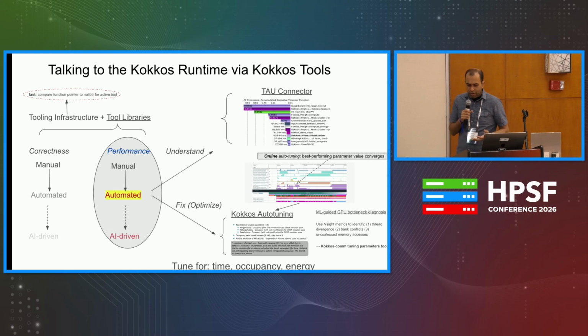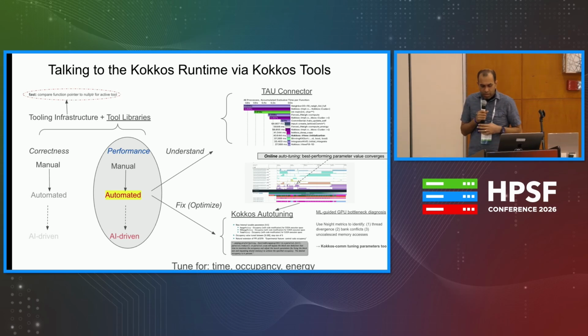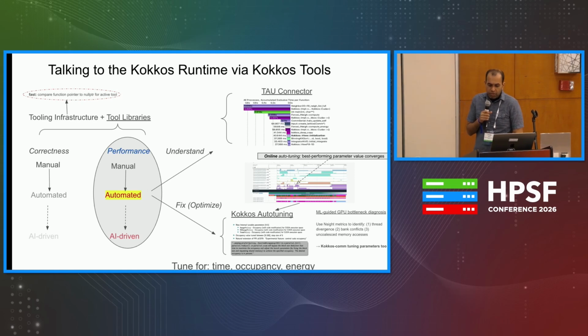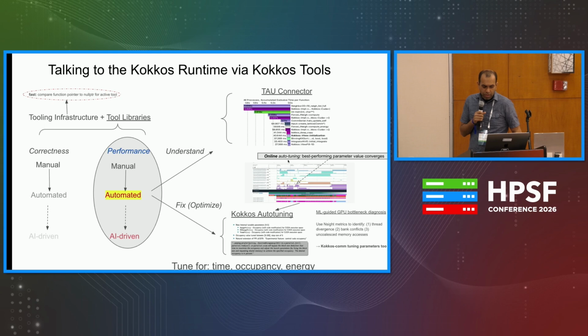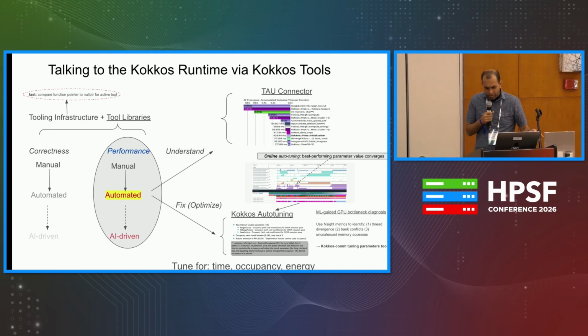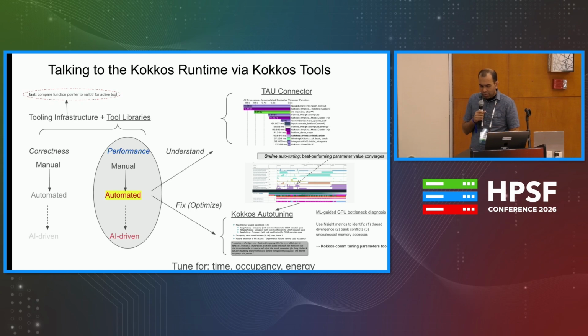We're talking about right now Kokkos COM tuning, and also using some sort of machine learning guided auto tuning. The key is that the tuning parameters and the tuning mechanisms are generic and arbitrary within Kokkos. MD range policy is just one way to tune, but there are many different kinds of tuning opportunities within Kokkos.